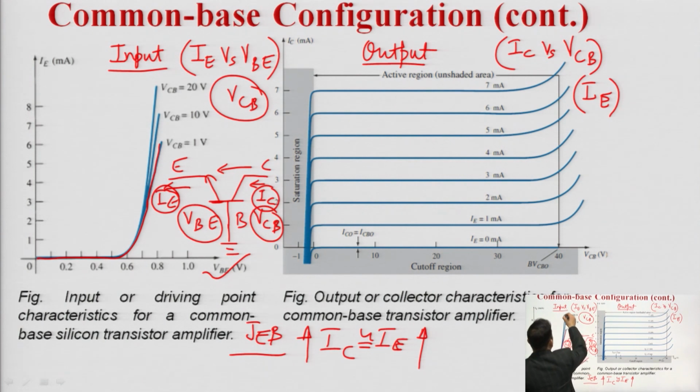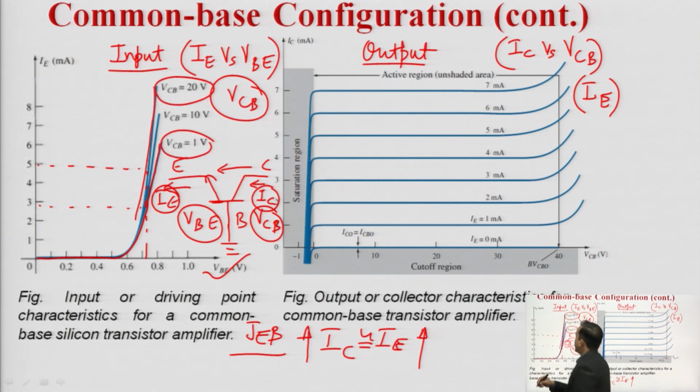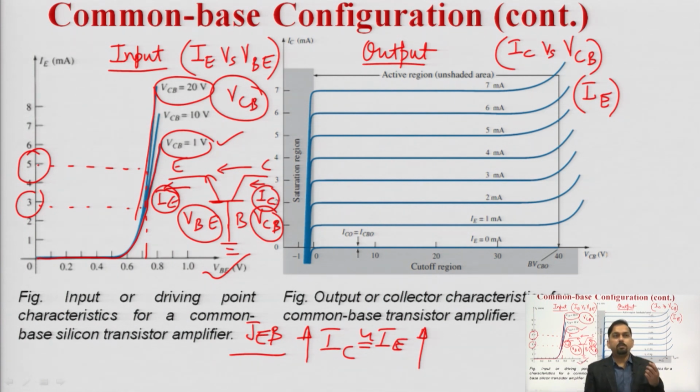So, we can observe that for a specific value of base emitter voltage, the current increases. Comparing VCB equal to 1 volt with 20 volts, at 20 volts the current is high, which is 5 milliampere, and at 1 volt we will have 3. So, the conclusion here is that IE increases as the collector to base voltage VCB increases. So, these are the input characteristics.